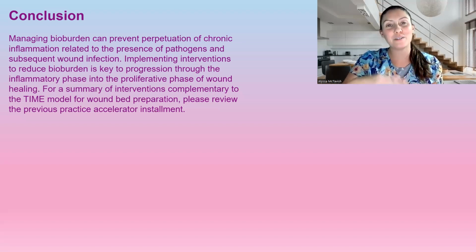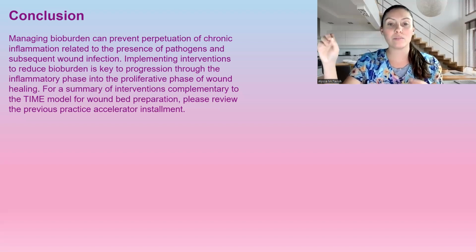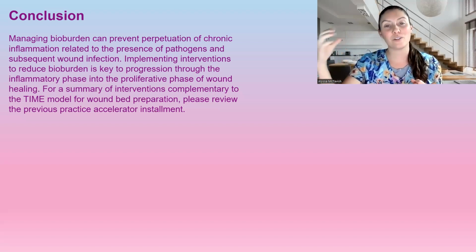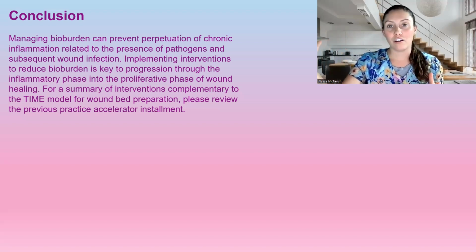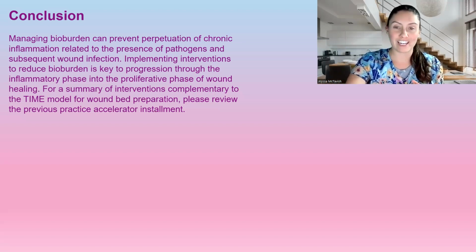We want to use these models. We want to close a wound as quickly as possible to accelerate wound healing, okay? That's our goal of wound healing, to get that wound closed. We want to close it as quickly as possible. And the sooner we get a wound to close, the fewer complications.